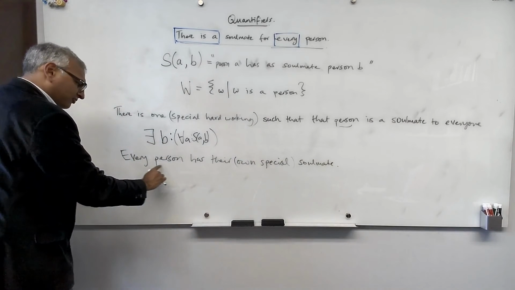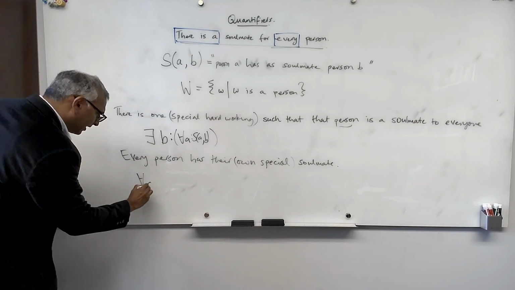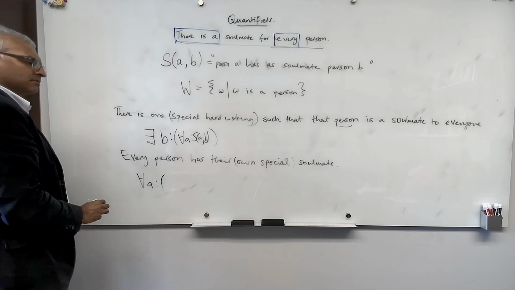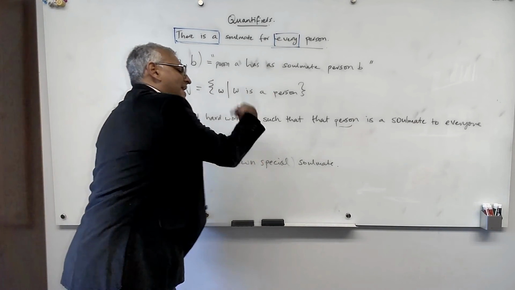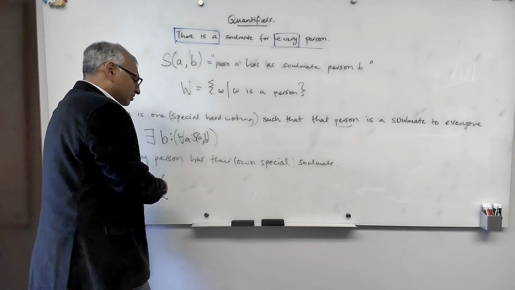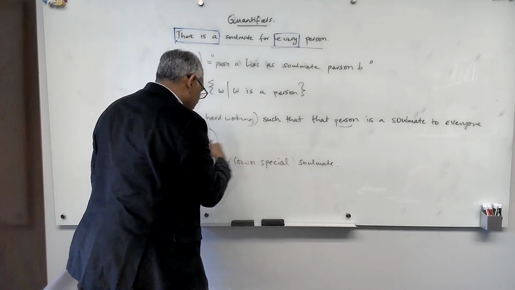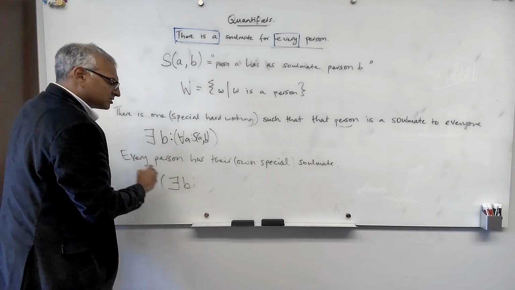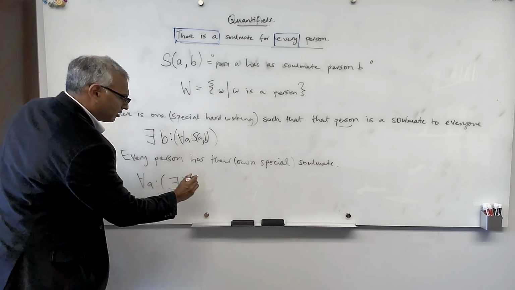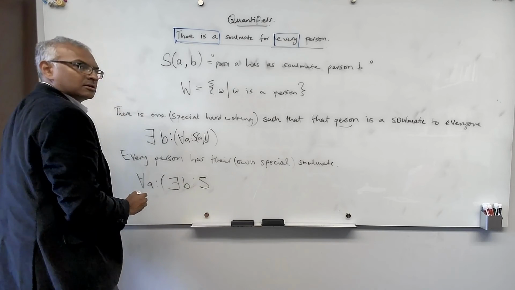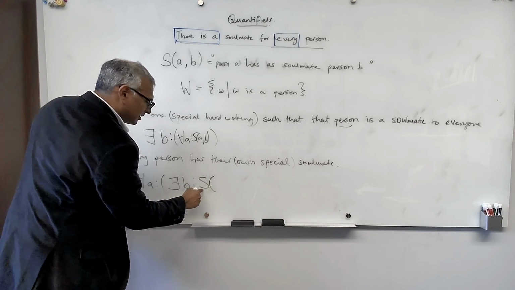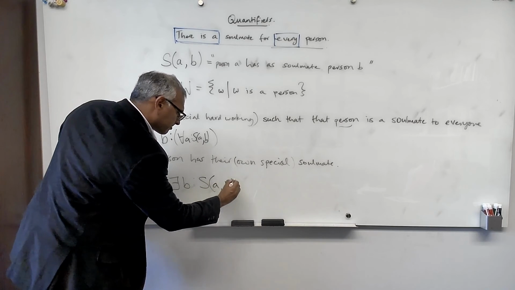Okay, so what we're saying is that for every person, for all A, it is the case that that person A has a soulmate. So it is the case that there exists a person B for which B is a soulmate of A. So that's represented by the predicate, by saying we're going to assert the statement S of A, B.